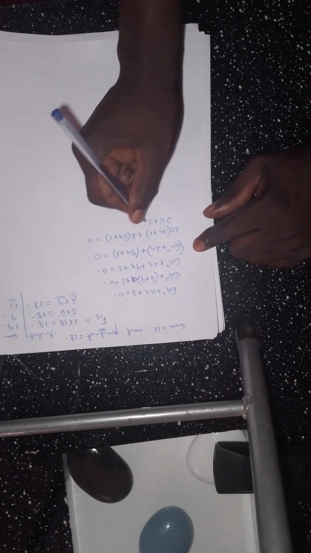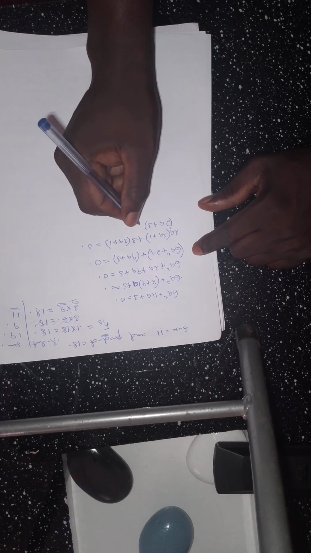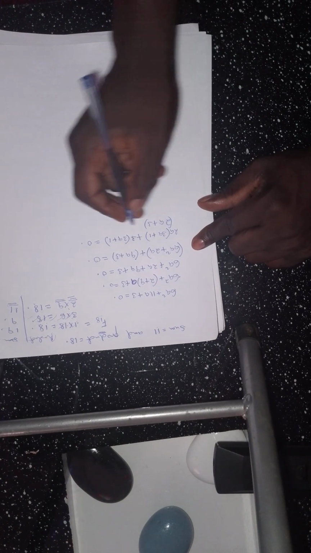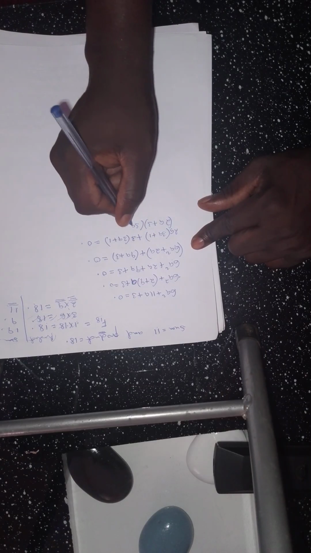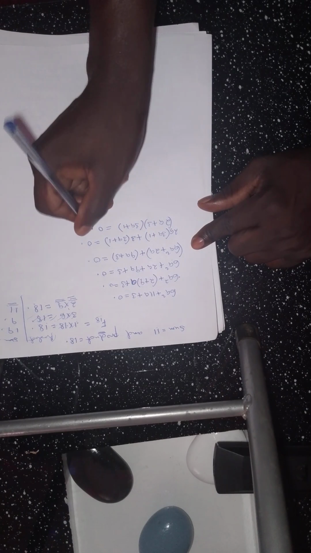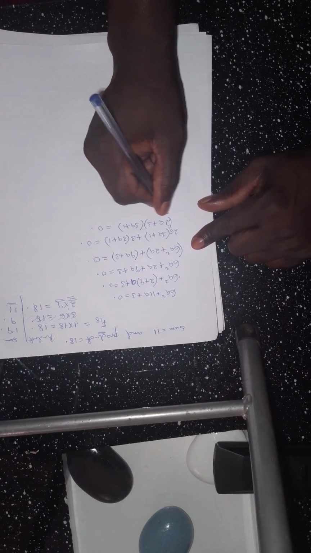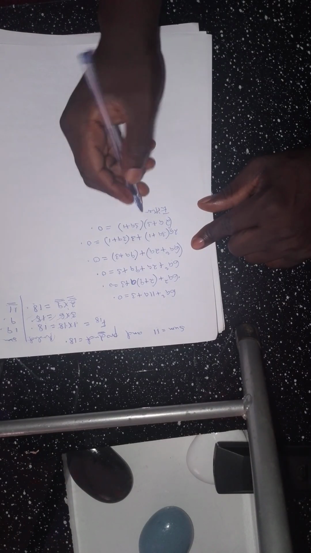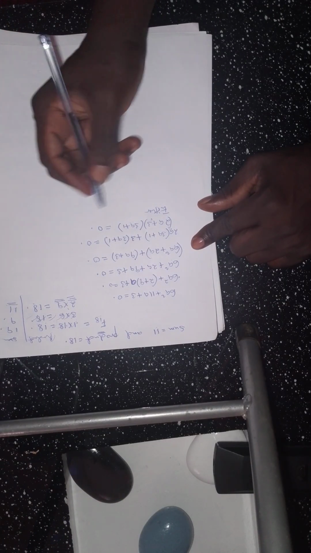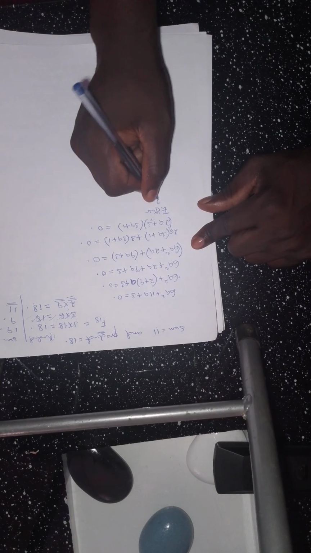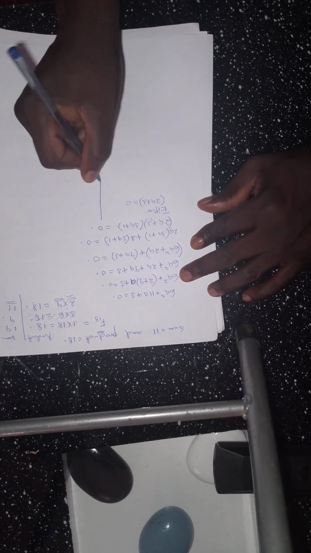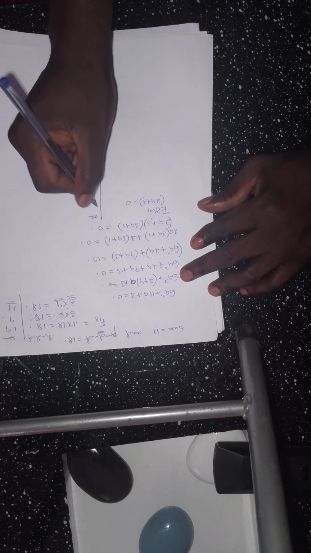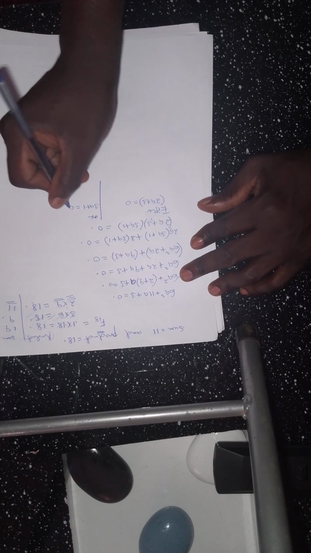So 2a plus 3 is what is remaining, and the common bracket is 3a plus 1. So either we are now on the zero principle because we have two brackets which we are equating to 0. So either 2a plus 3 is 0, or 3a plus 1 is 0.